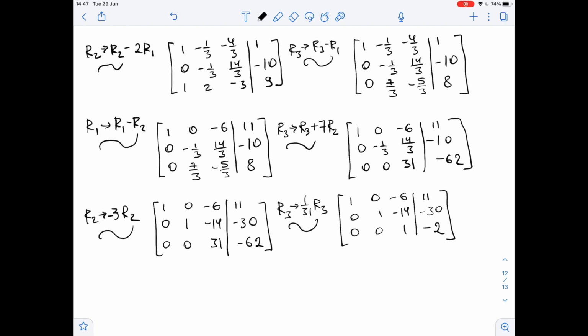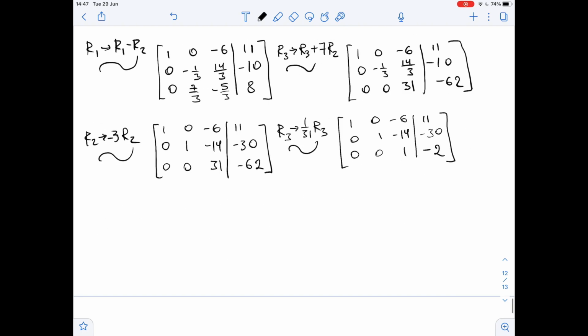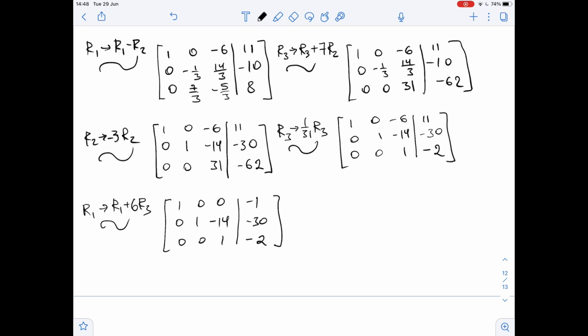Our next step is to add row 3 multiplied by 6 to row 1, and we will get, so row 1 becomes row 1 plus 6 row 3, and we get 1, 0, 0, -1 here, 0, 1, -14, -30, 0, 0, 1, -2.